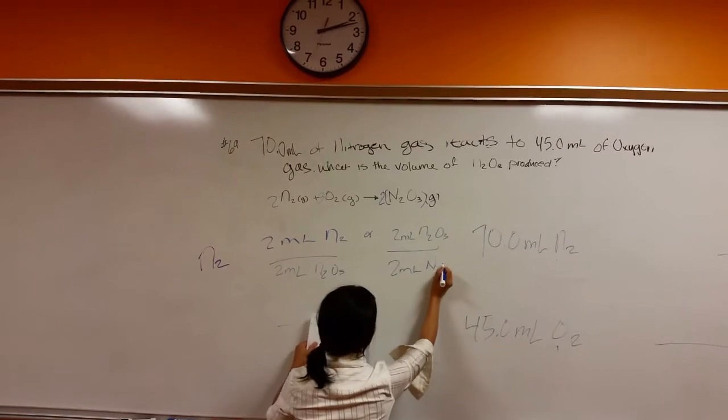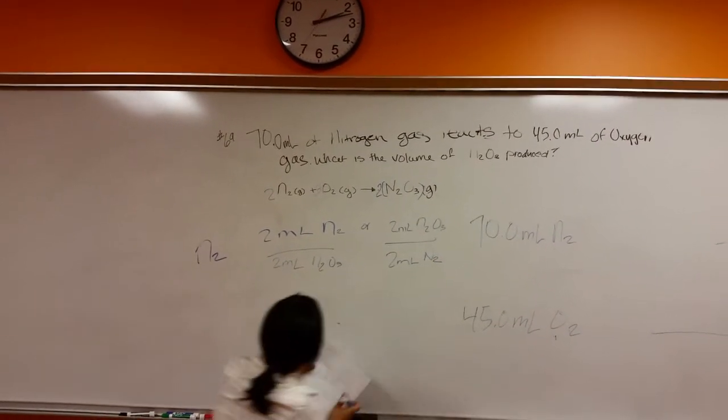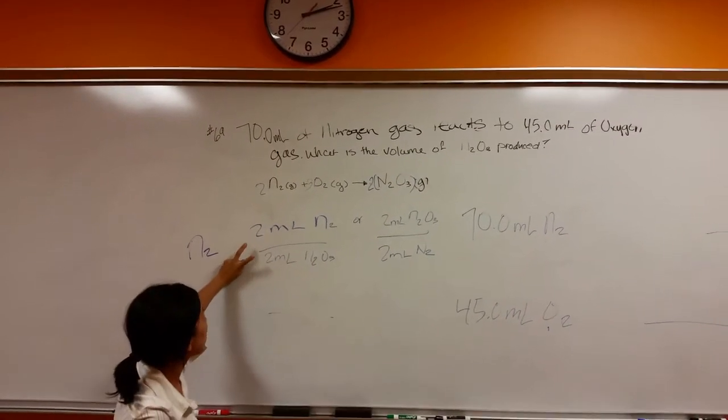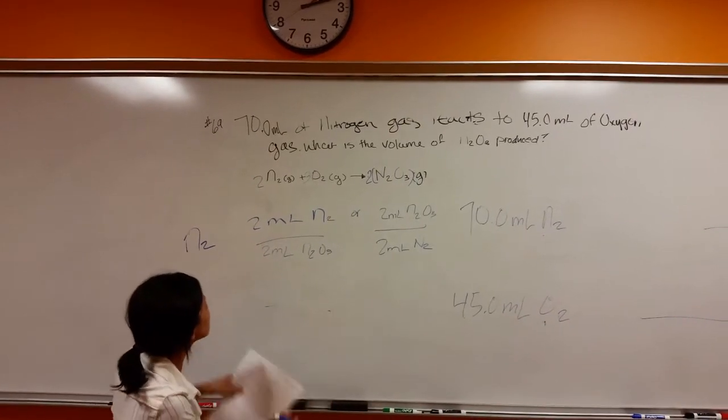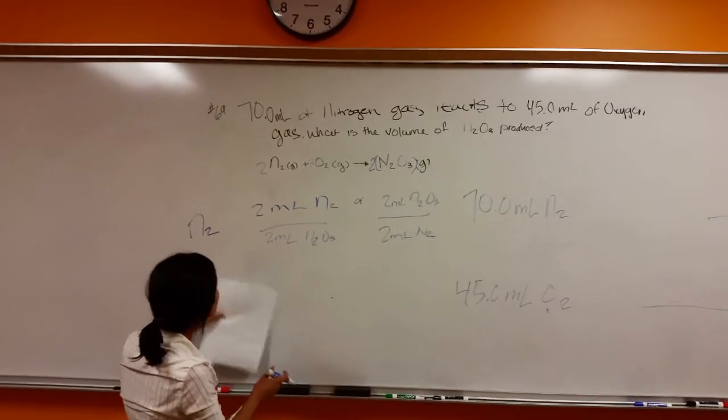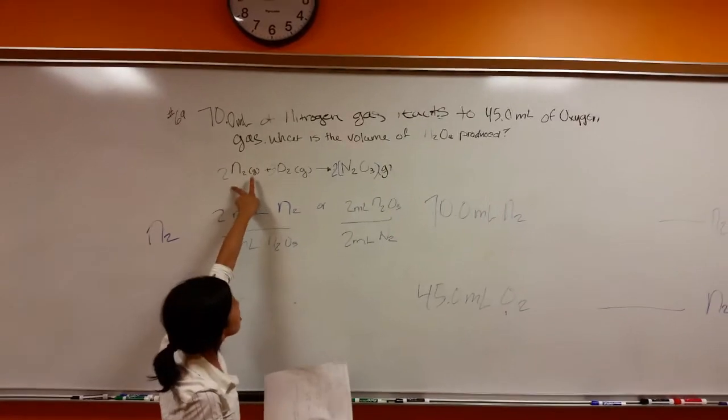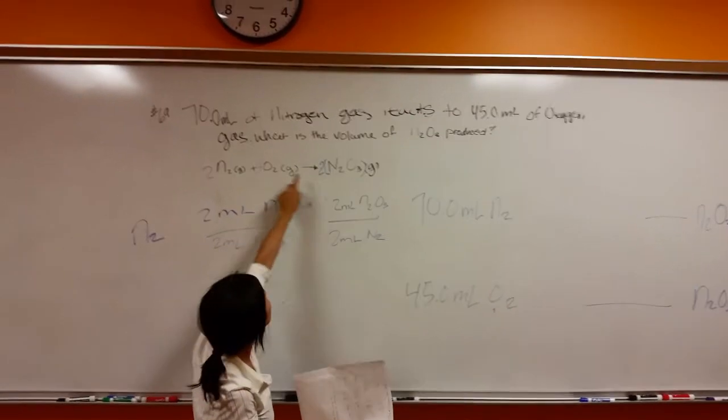I'm just writing out the unit factors. Okay, so how I got to this, why it's 2 ml, is because we're using the coefficients for the nitrogens here.